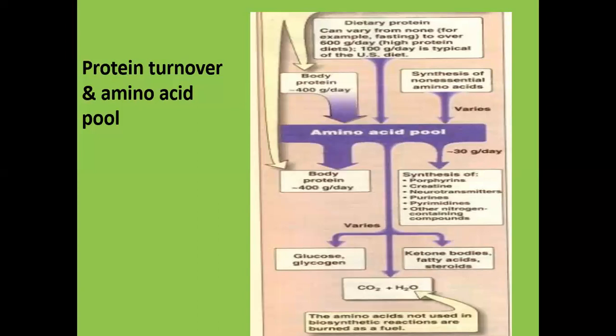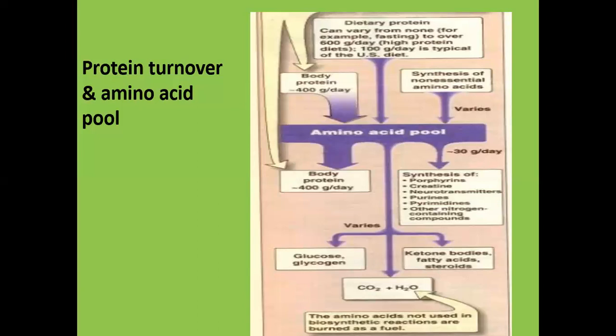That is, the carbon skeleton of glucogenic amino acids is converted into pyruvate, or into other intermediates of the citric acid cycle, which are all glucogenic. Or some of the amino acids are ketogenic. They can form acetyl CoA, and acetyl CoA is the precursor of ketone bodies. Acetyl CoA can be converted into fatty acids.